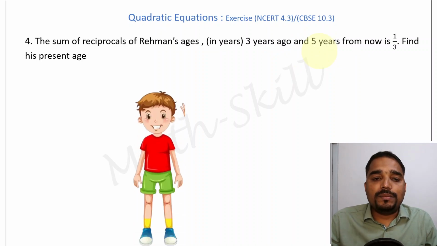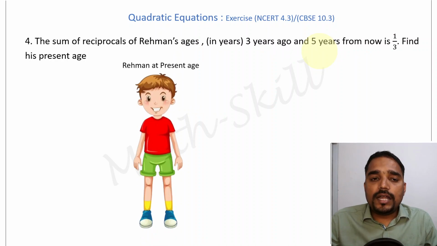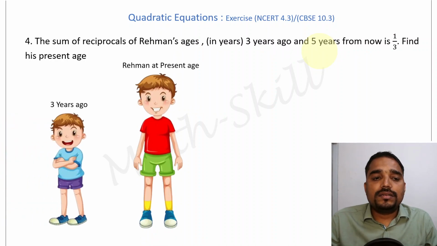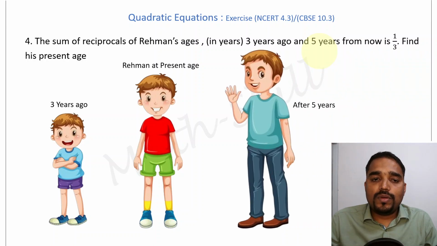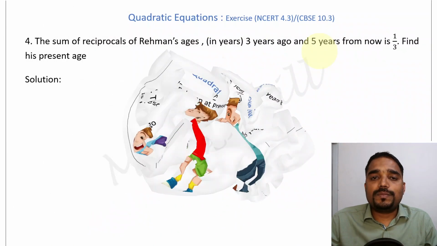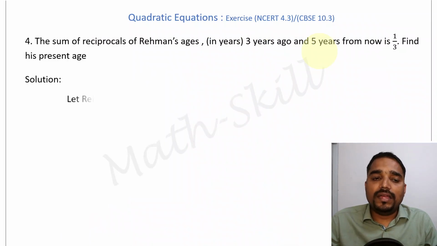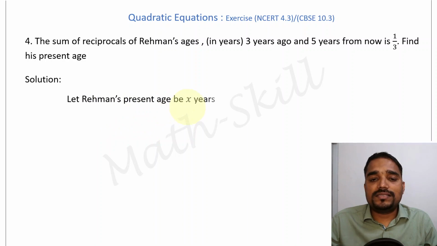In order to find the present age of Rehman, and to find Rehman's ages 3 years ago and 5 years from now, let us assume Rehman's present age as x years. That is the initial assumption we are making, since we have to find the present age of Rehman.